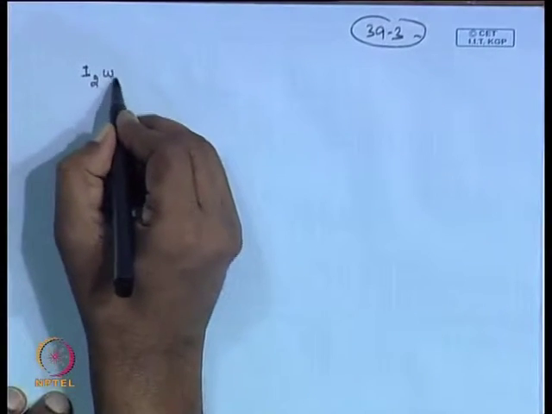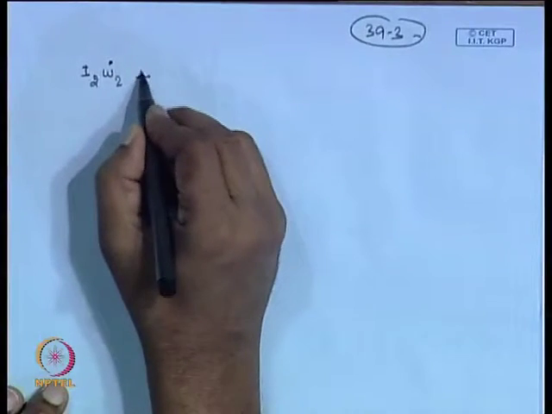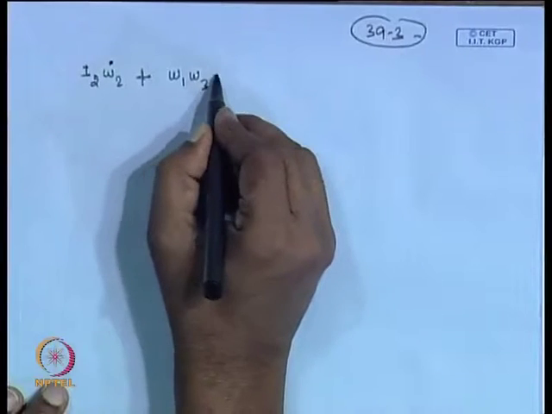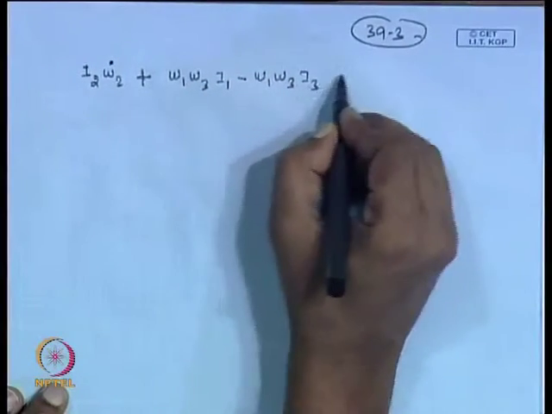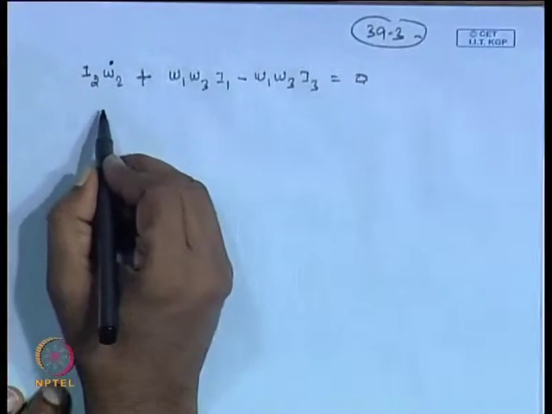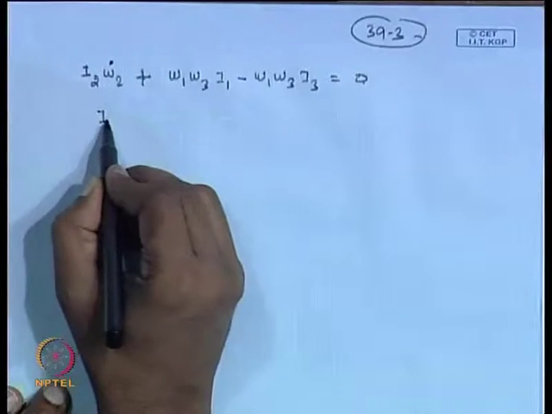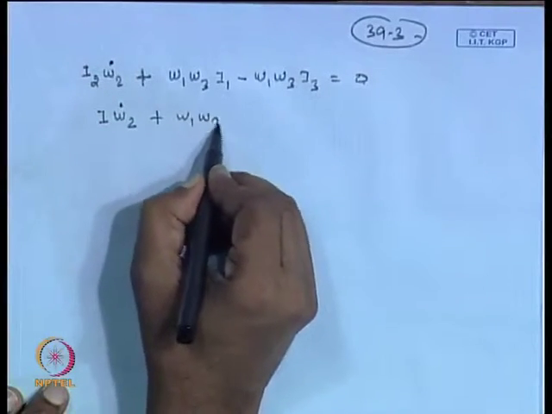So, I 2 times omega 2 dot, and then the rest of the terms will appear as omega 1 times omega 3 times I 1 minus I 3, this is equal to 0, and I 2 and I 1 we need to replace by I. So, this is omega 2 dot plus omega 1 omega 3.